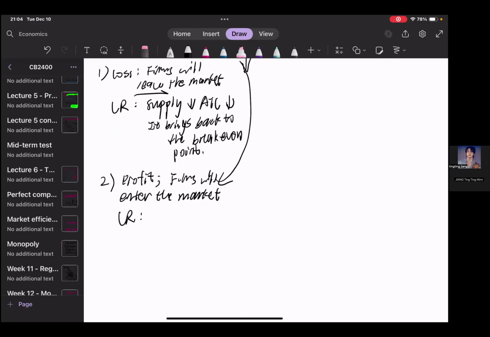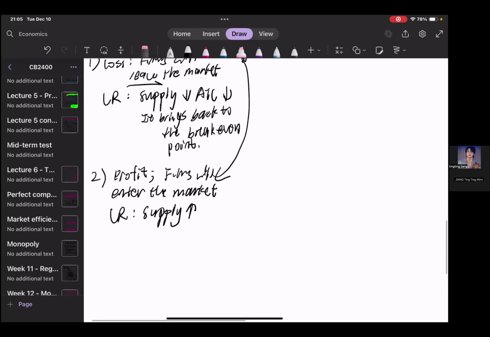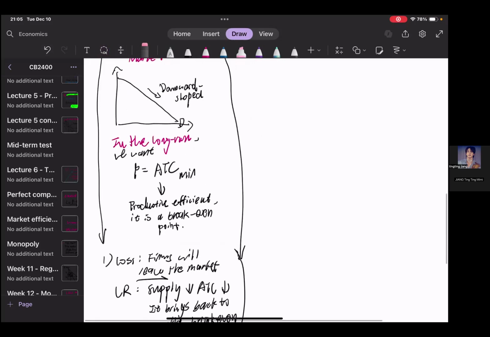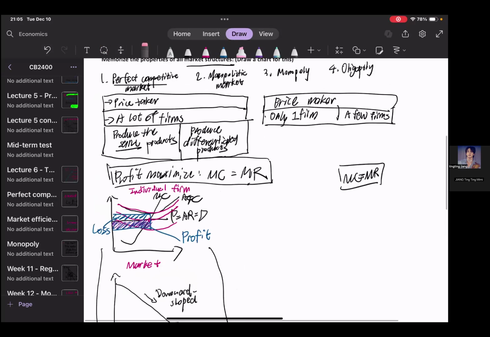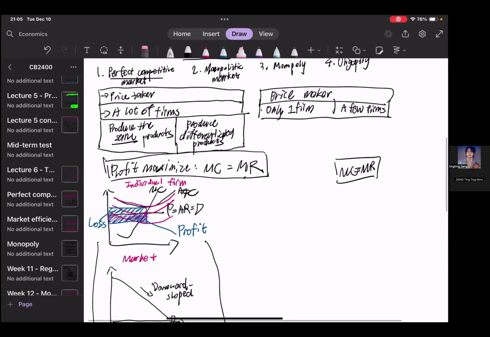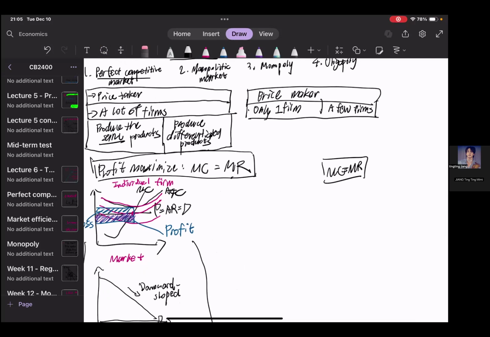Therefore, in the long run, supply increases, average total cost increases, and it brings back to the break-even point again. Yeah, we'll just leave it like that. All right. I believe that's basically it for perfect competitive market.